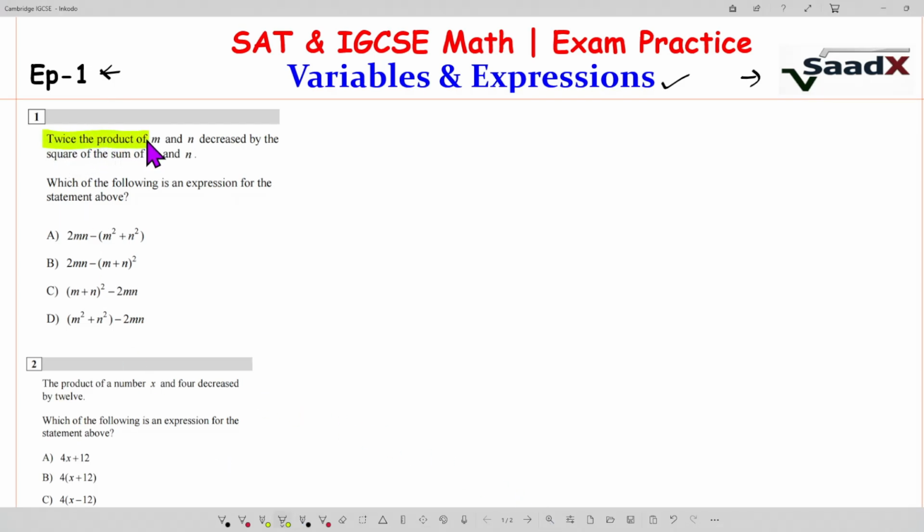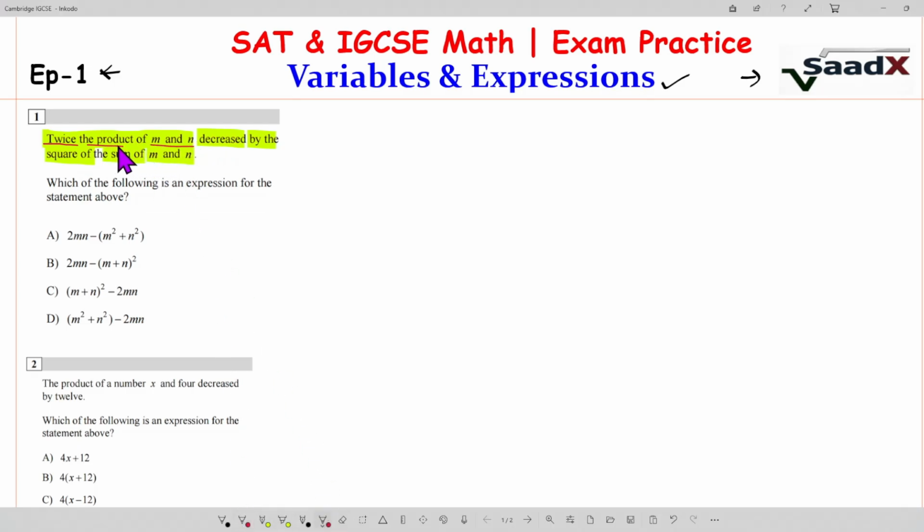Twice the product of m and n decreased by the square of the sum of m plus n. So first we have to find out step by step. First, twice the product of m and n.